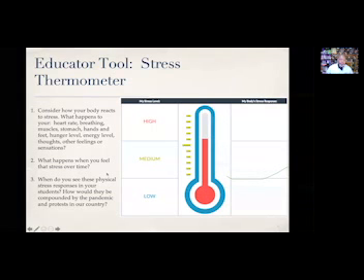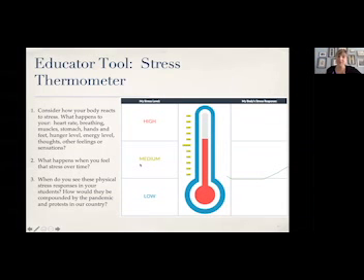So, as an educator tool, the stress thermometer. This is a tool that you can use as an adult. I actually just used it this morning when my son was driving me crazy. It's also another tool you can use with your students throughout your virtual day. You can start your day, do a checkup in the middle of the day using this, or do it as a checkout.